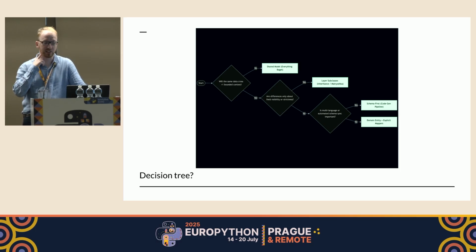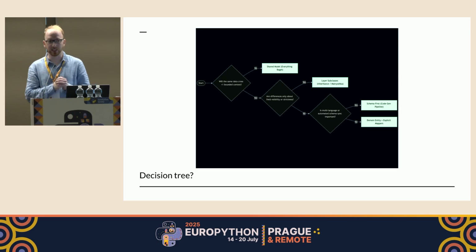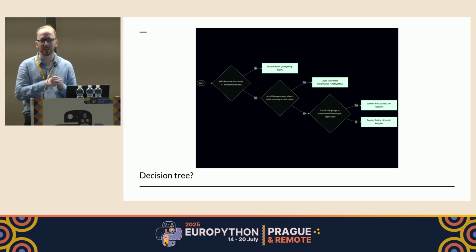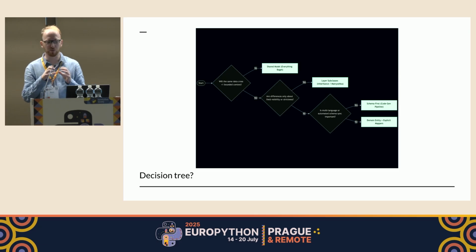That might make sense. If you have multiple interfaces, but the differences between the interfaces are mostly about privacy and strictness, it might make sense to do inheritance.